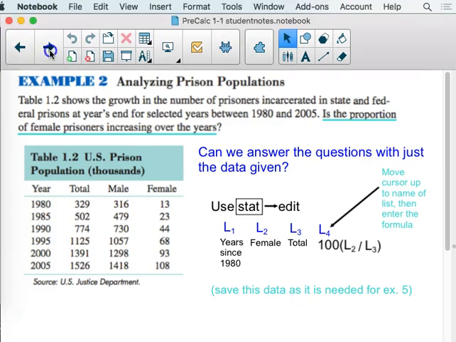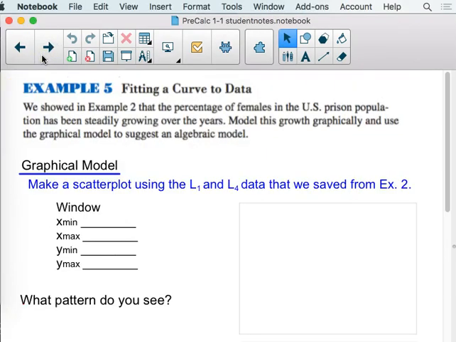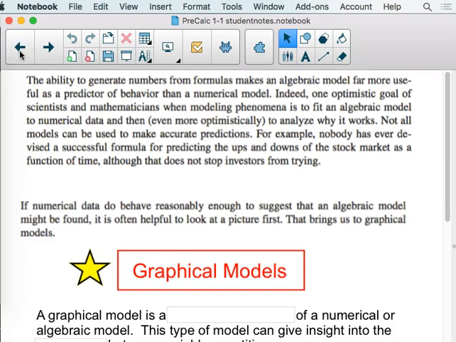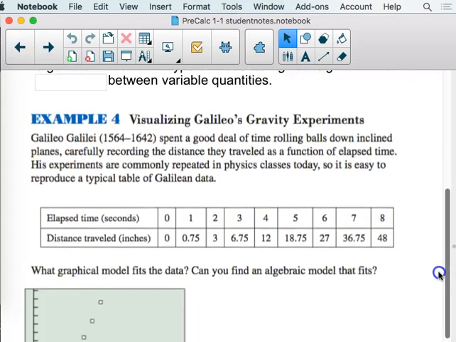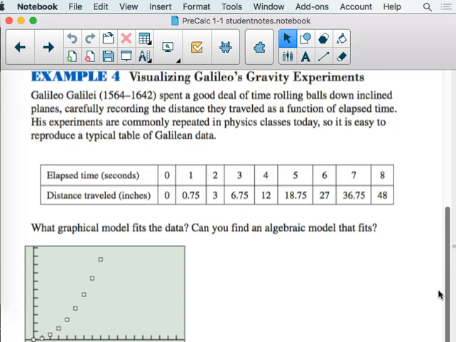So we were on Galileo's gravity experiments. If you need to re-enter this data, we use list 5 and list 6, because we have a lot of other stuff in there about prison populations at that point. And I think we were able to see the scatter plot, but I really wanted to show you how to get that quadratic of best fit to graph automatically for you.